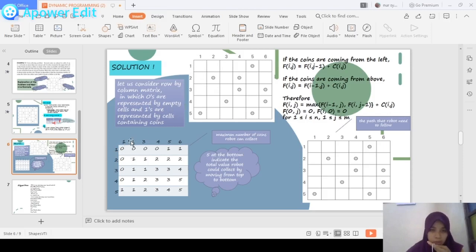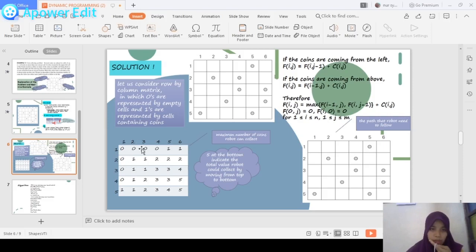And 0 compared with no cell here, it becomes 0. The same for the next cells. And plus the coin here, it becomes 1. And 1 compared with no cell here, it becomes 1. And 0 compared with no cell here, it becomes 0.